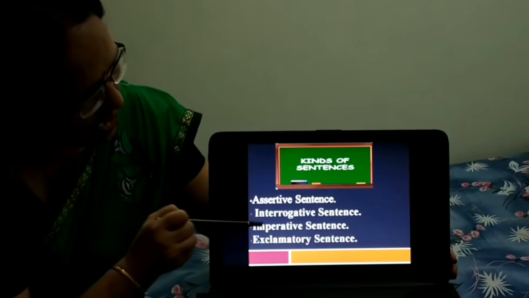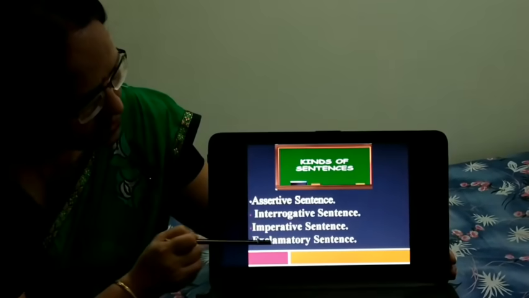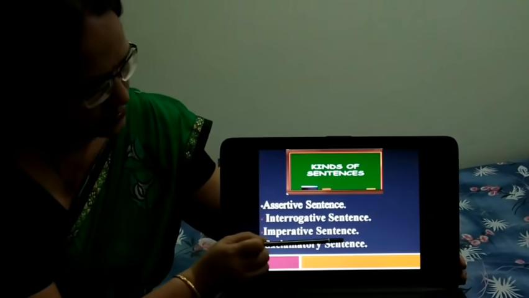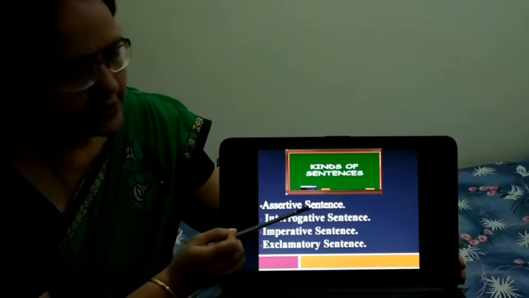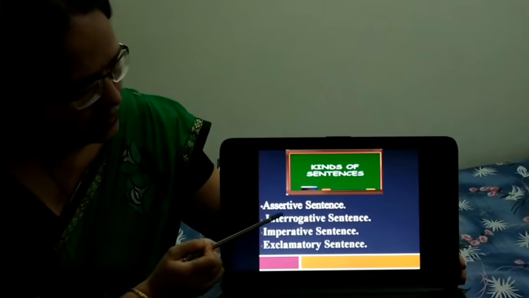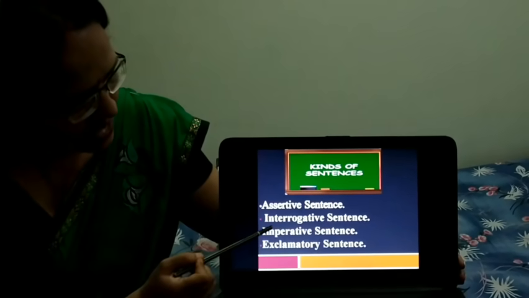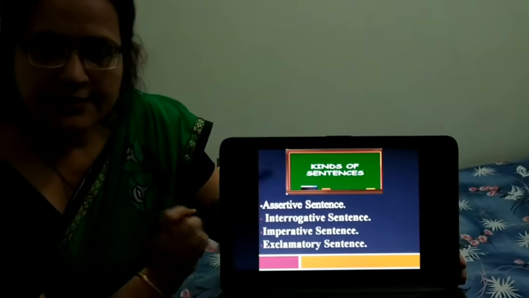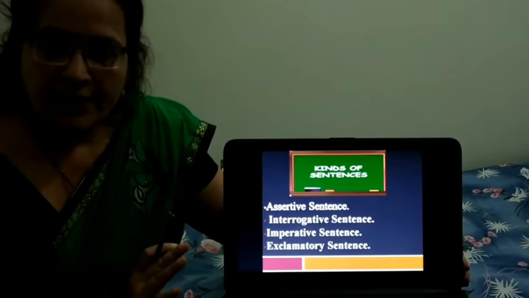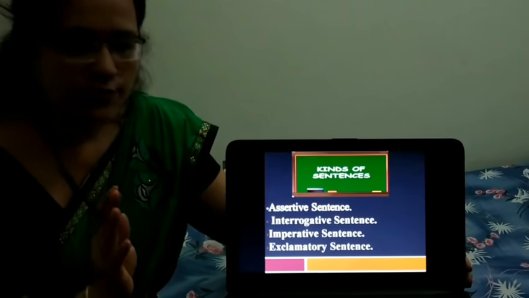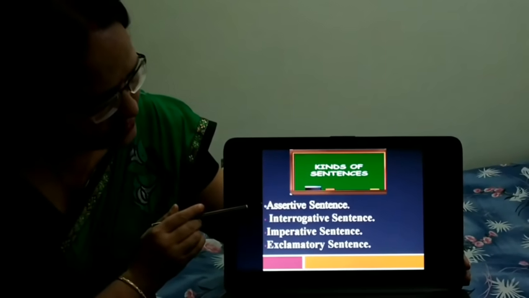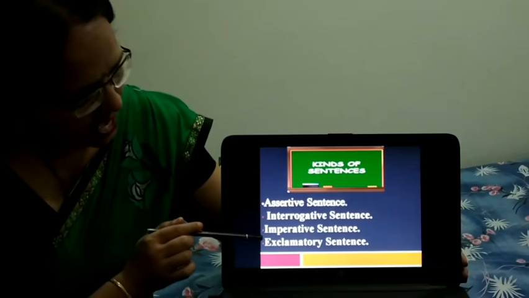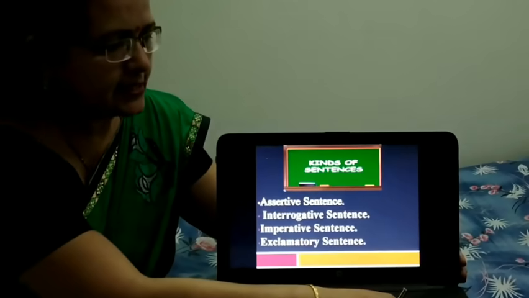Number 3, imperative sentence. Number 4, exclamatory sentence. Okay, let's repeat. Assertive sentence, interrogative sentence, imperative sentence, exclamatory sentence.